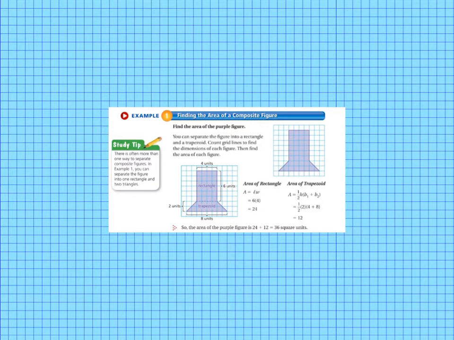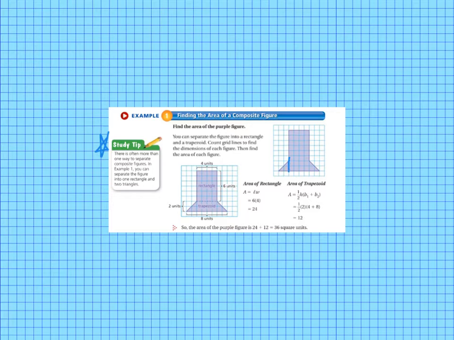And off to the side, we have this pretty important note. It says, there is often more than one way to separate composite figures. In example 1, you can separate the figure into one rectangle and two triangles. So I'm going to do this on the right-hand one.